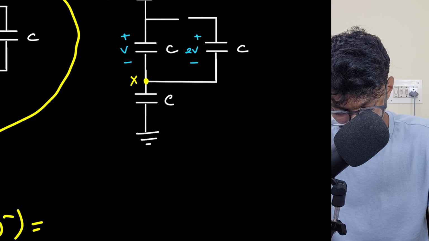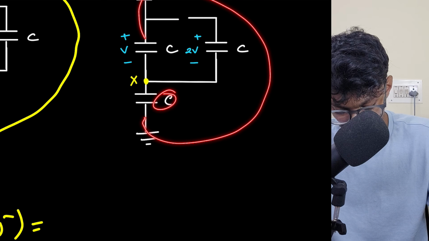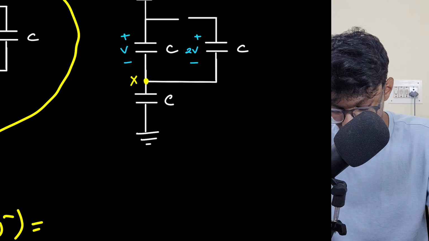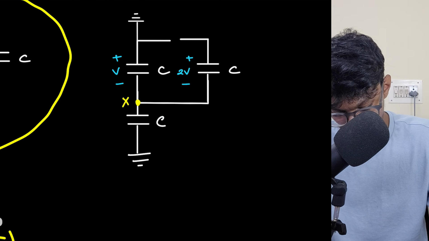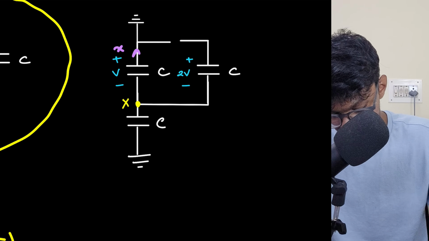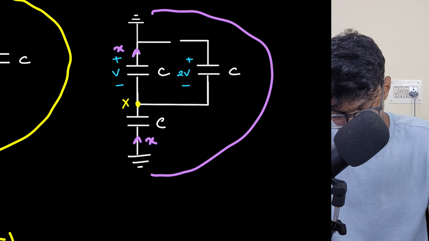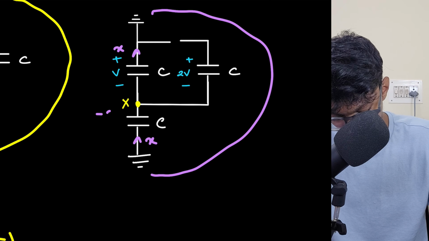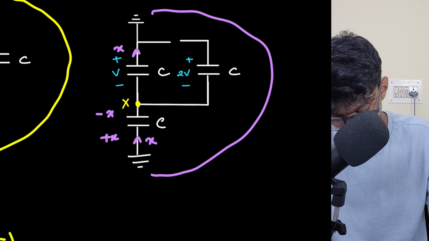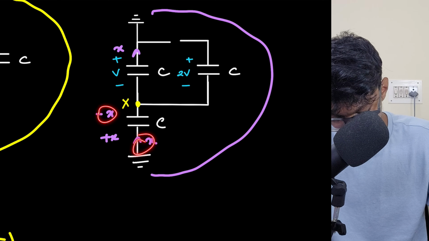This will actually give out some charge to this capacitor because there is no path for charge to flow here. So some X amount of charge will leave and will come here because they are connected. And here this will be minus X and this will be plus X, because here X is incoming and here X is outgoing.